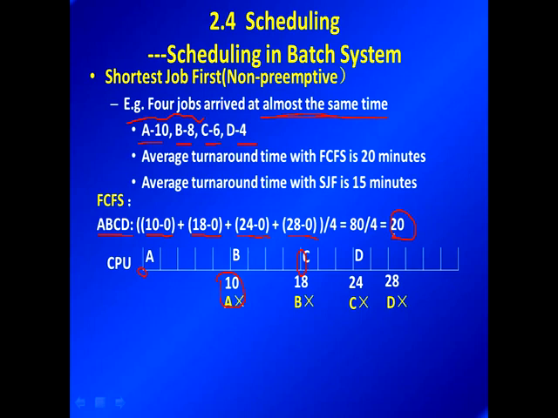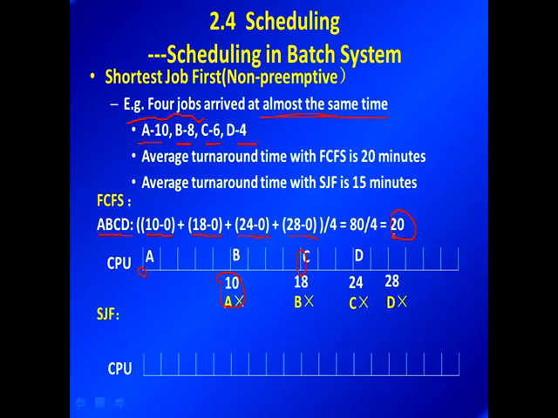You just draw some axes, put the different jobs or processes onto the CPU axis, get their completion times, calculate their turnaround times respectively, and get the average value. That's the final answer, and you need to put it in the note on the exercise book or on the sheet.